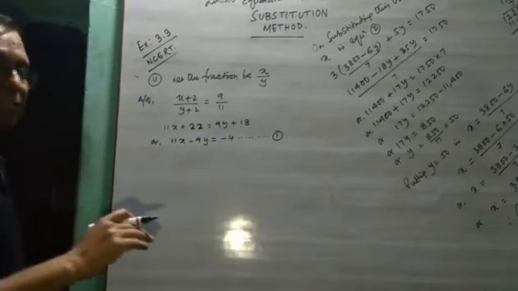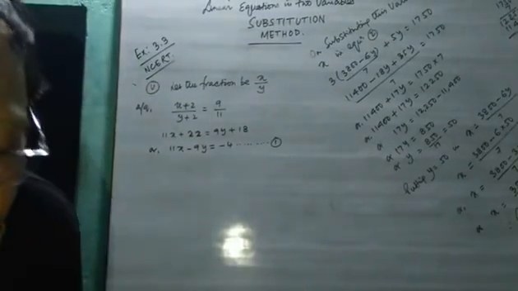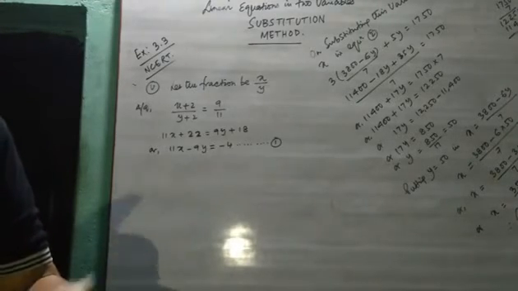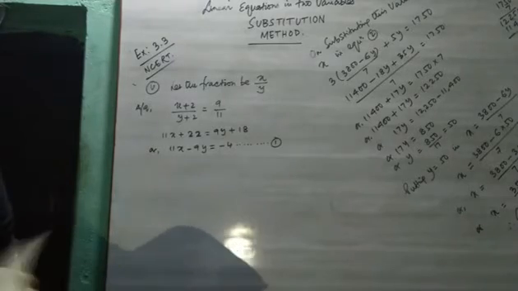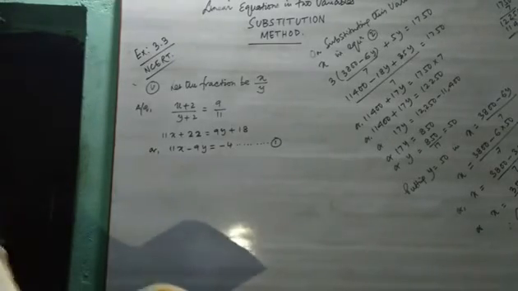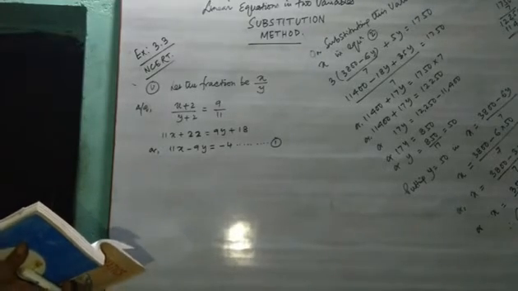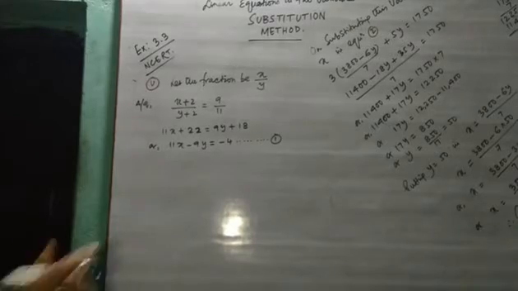Now the question again says that if 3 is added both to the numerator and denominator, it becomes 5 by 6.